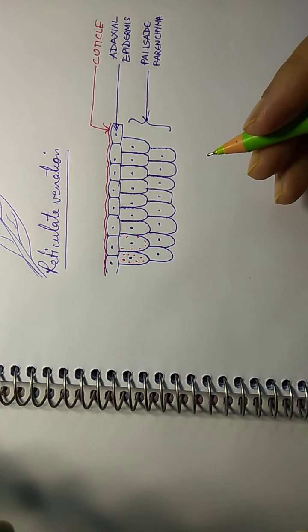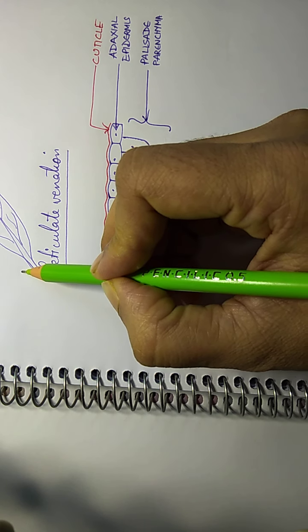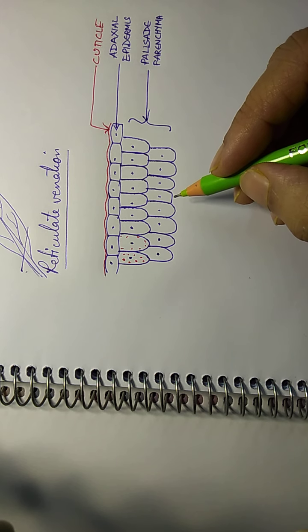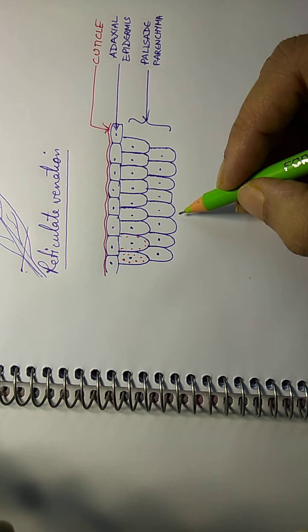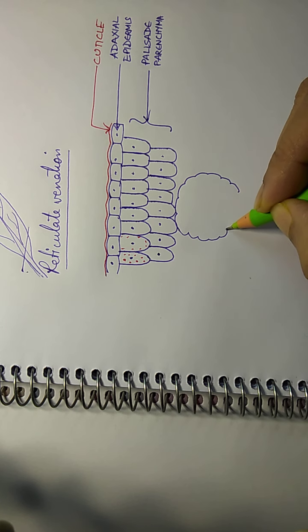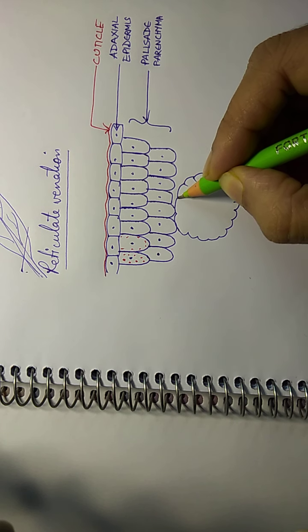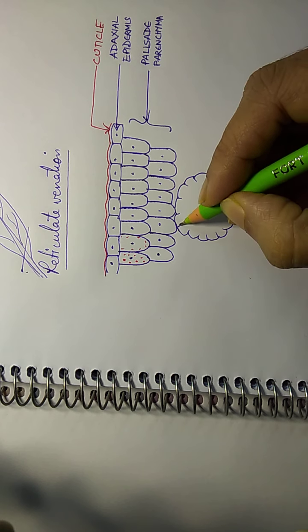Just below it, if the section is passing through the midvein, then we may get the vascular bundle. The vascular bundle, which consists of xylem and phloem, is enclosed by a layer just like an epidermal layer, but here we call this layer the bundle sheath. It is limiting it from the rest of the leaf.